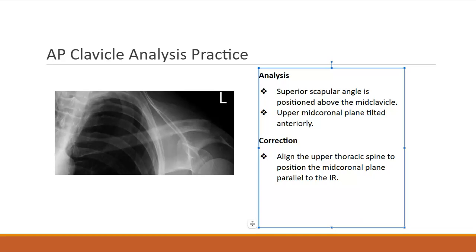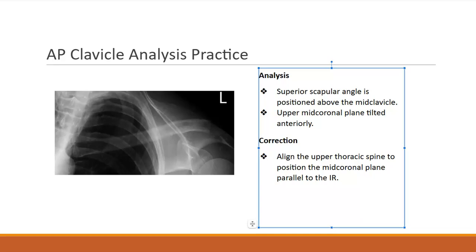Next, we want to look for positioning errors. Is there any rotation? So we're going to look at our medial clavicular end and determine if there's any rotation. In this case, there is no rotation. The medial clavicular end is aligned with the vertebral column.